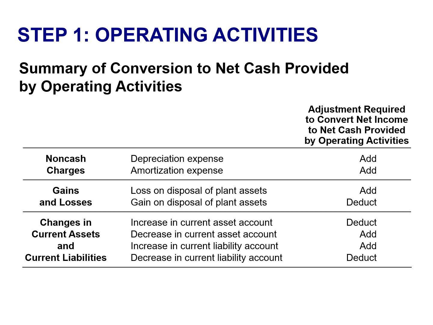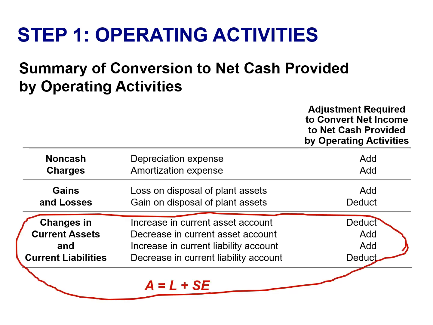I have one last comment that I want to make on the change that occurs in assets and liabilities. And again, this is to help you remember the adjustment. And if it doesn't help, then just go back to this table and essentially memorize this. But what I want you to think of is the accounting equation must remain in balance.